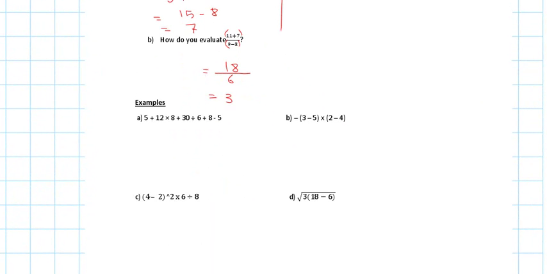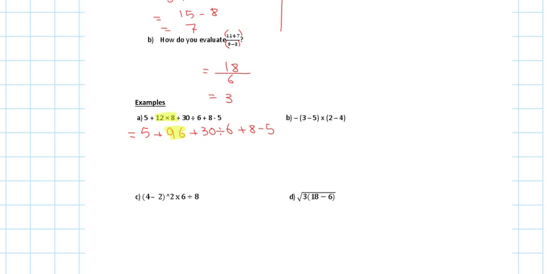So that's going to be 5 plus, what's 12 times 8? 96. Plus 30 divided by 6 plus 8 minus 5. So you see, the only thing I did right now is I did 12 times 8, and that gave me 96. Are you guys okay with this? Then, what else do I have to do?